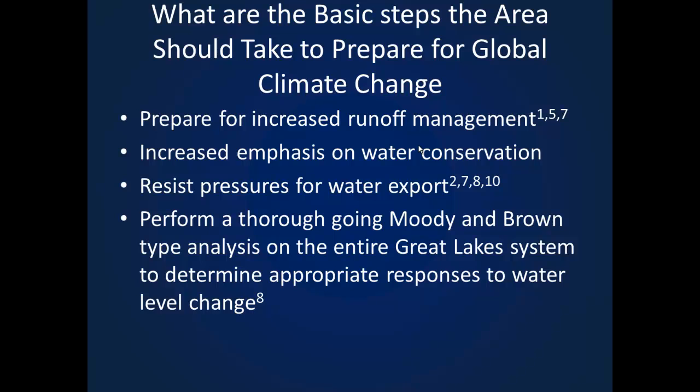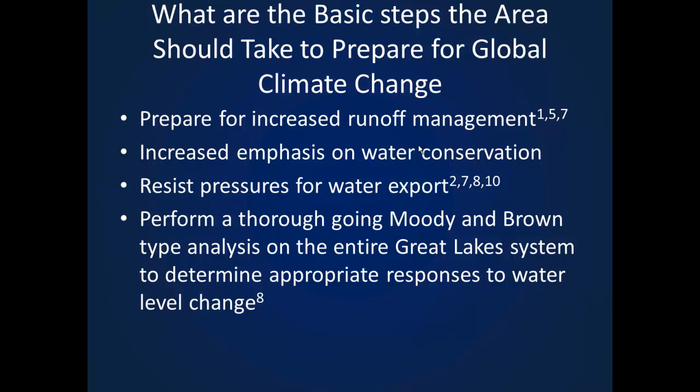We should also increase our water conservation, because while it's not certain that lake levels will drop substantially, if they do, every little bit of conservation will help, and if they increase and we conserve, that actually could open up more water to send to drier areas if we decide in the long run that that's a good idea.